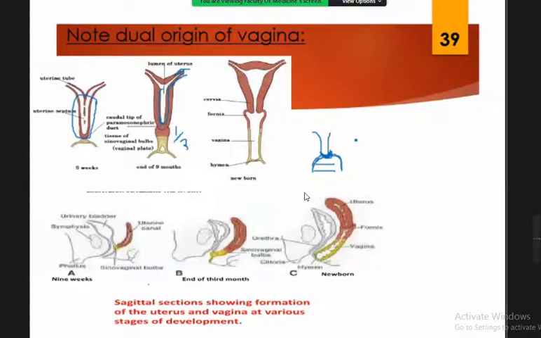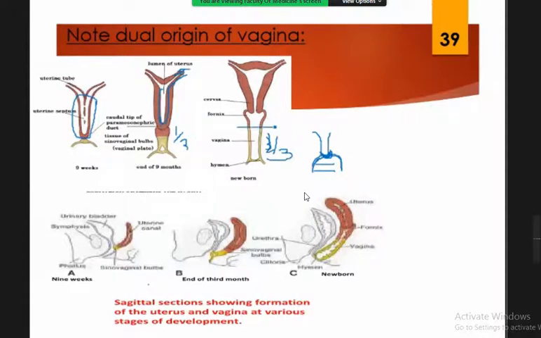So it forms what we call the sino-vaginal bulbs. These vaginal bulbs also cavitate and form a cavity, and will eventually give us the lower two-thirds of the vagina.